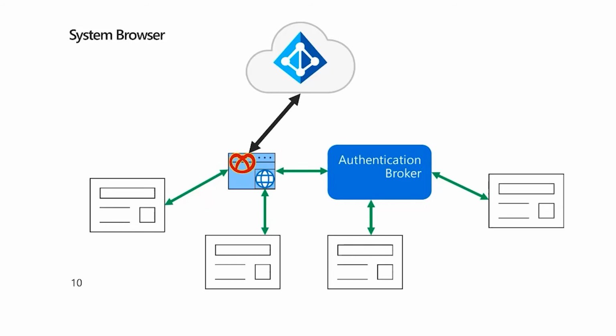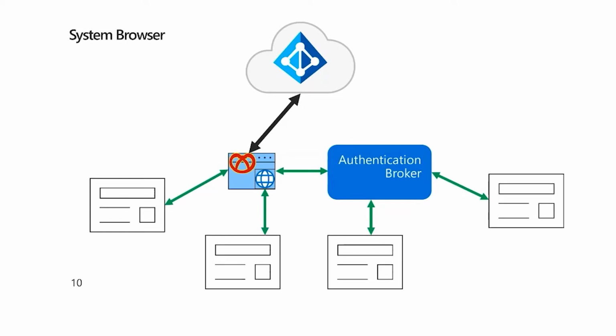And our ask to developers today is either move to an authentication broker, depending upon your application's needs, or move at least to the system browser so that all of the applications on that device share the web surface we use to do the sign-ins. And then we end up with a really great single sign-in experience for our mutual users.